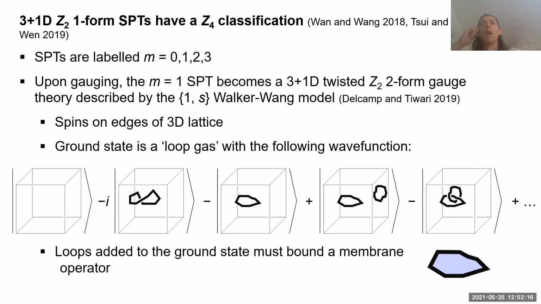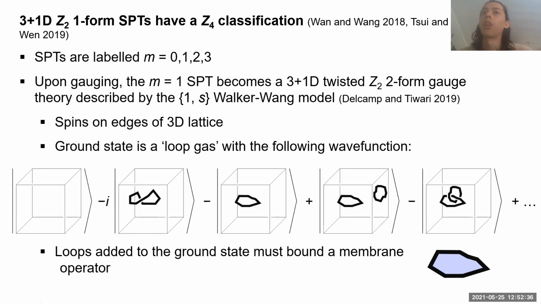And so this -1 associated with linked loops is essentially crucial. Basically, what it implies is that the ground state should actually not be regarded as a condensate of loop objects.